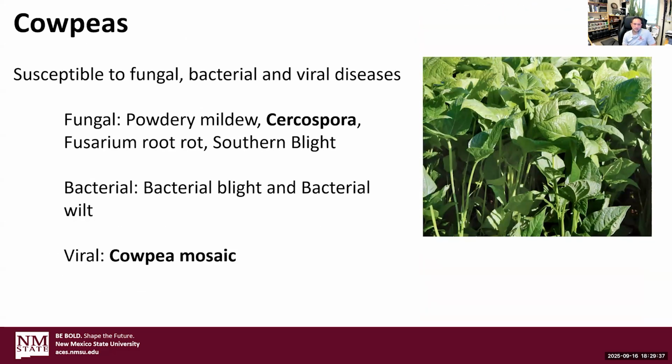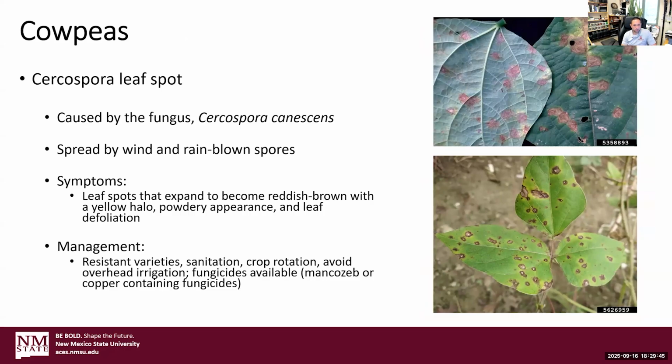For cowpeas, Cercospora and cowpea mosaic are the two that we'll highlight next. The first one, Cercospora leaf spot, is caused by the fungus Cercospora canescens, spread by wind and wind-blown spores.